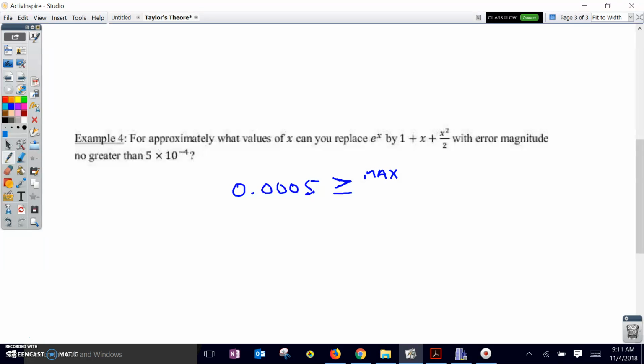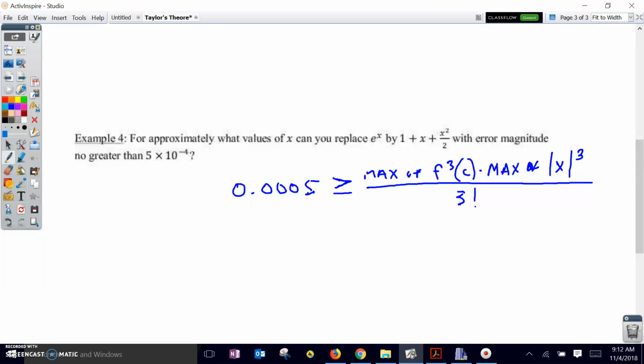So we want the max of f triple prime of c times the max of the absolute value of x minus a. Again, this is centered at a equals 0, and all of that over 3 factorial.